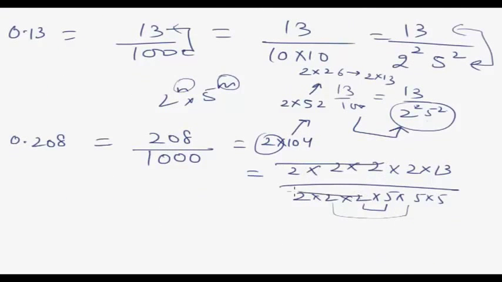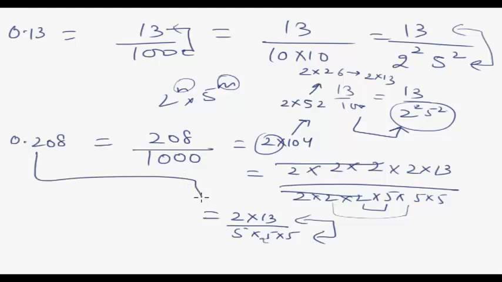These 3 twos will get cancelled, and we have 2 into 13 over 5 into 5 into 5. Clearly the prime factorization in denominator and numerator have nothing as common factors, so they are co-primes, that is relatively prime.